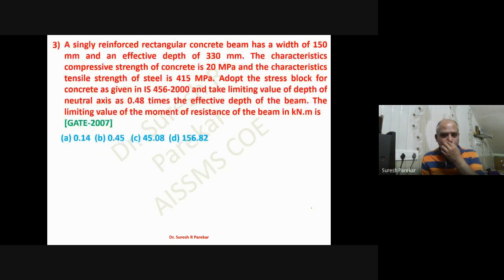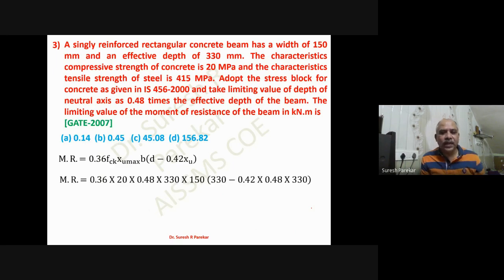Then we have a singly reinforced section again, and we have to find out the limiting value of moment of resistance. Now the data is given, so we use 0.36 FCK XU max BD minus 0.42 XU, because we are interested in finding the limiting value.